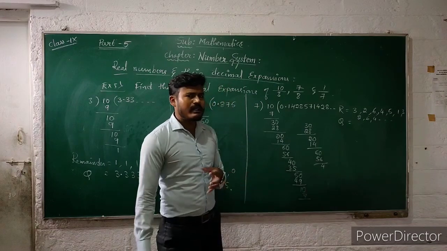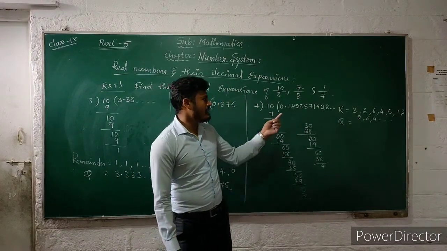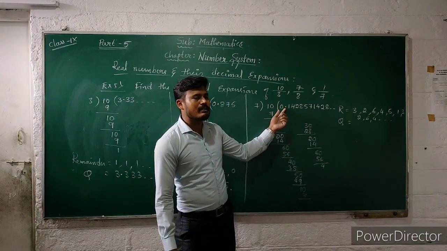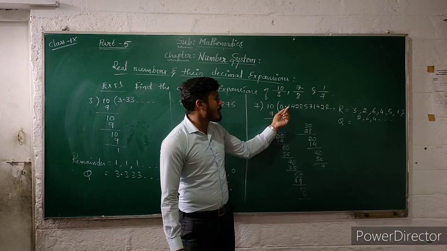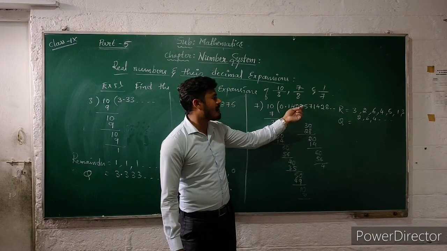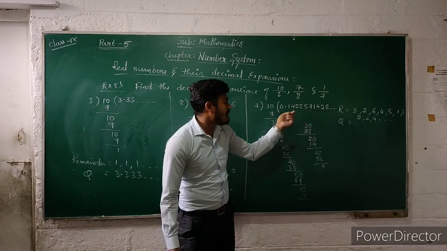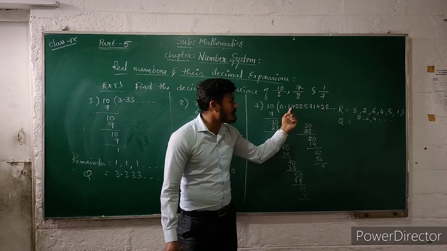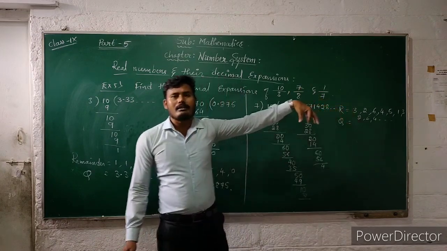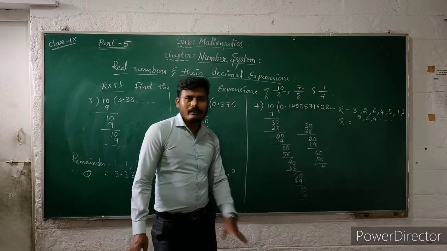And then you should notice one point. By observing this decimal expansion, after 1 4 2 8 5 7, these decimal terms are repeated again and again. You should try it later.